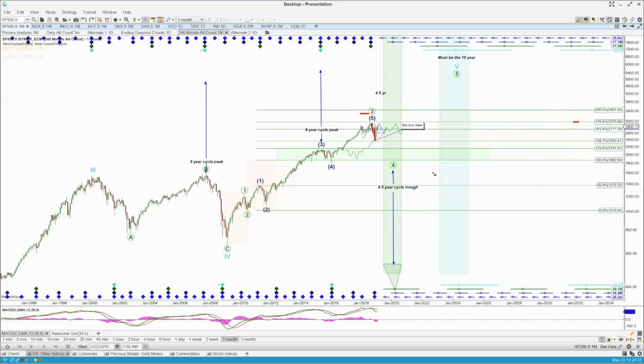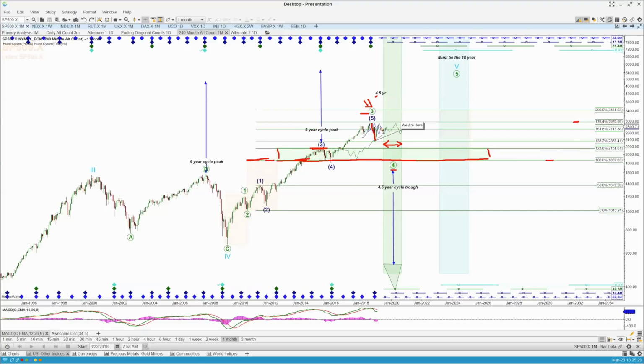Okay, so that works out to be a 4.5-year cycle peak that we have seen in the US indices, and I'm now looking for the related 4.5-year cycle trough, and here is the timing window for it. What I've also done is drawn this support zone on the chart, which is this green box shaded area here, from the 1.0 extension, the top of this box, up to the top of this level here, the 123.6 extension.